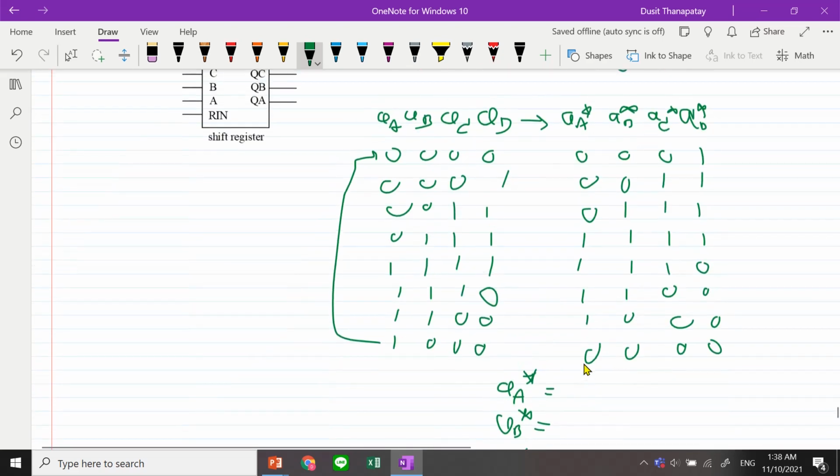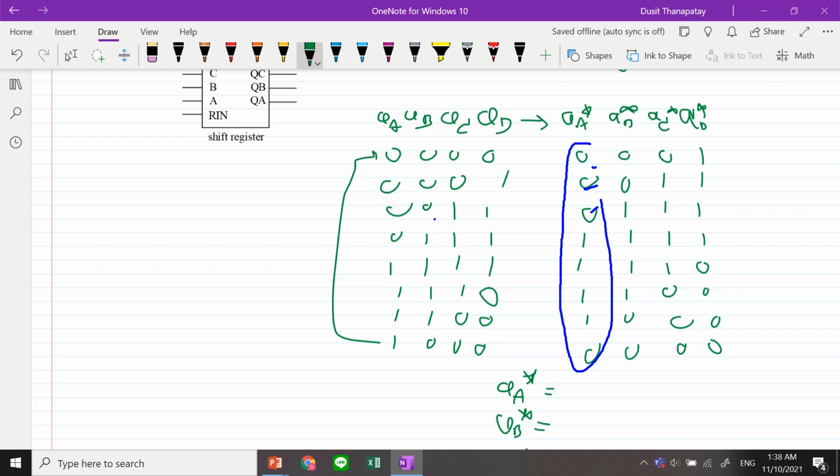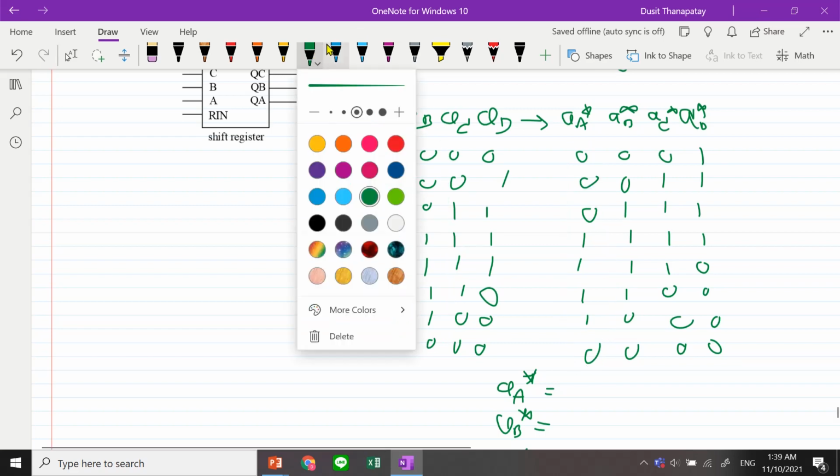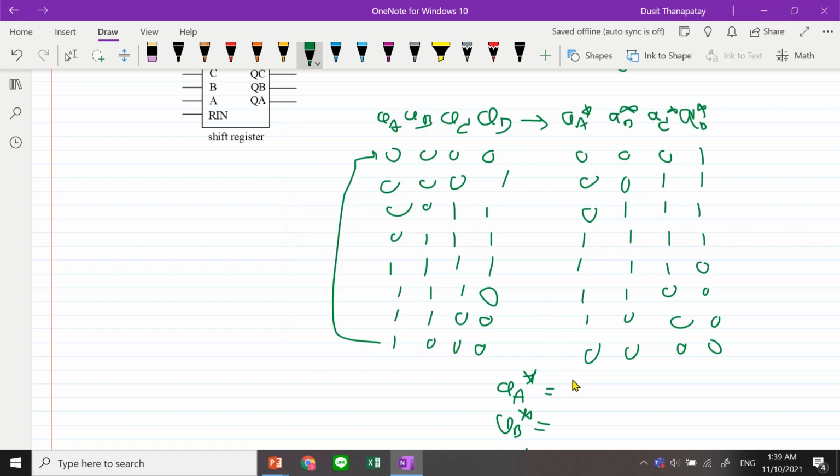Okay, what is that something? For QA star first, this one: 0, 0, 0, 1, 1, 1, 1, 0. Okay, same as QB, right? So in this case, QA star is QB.